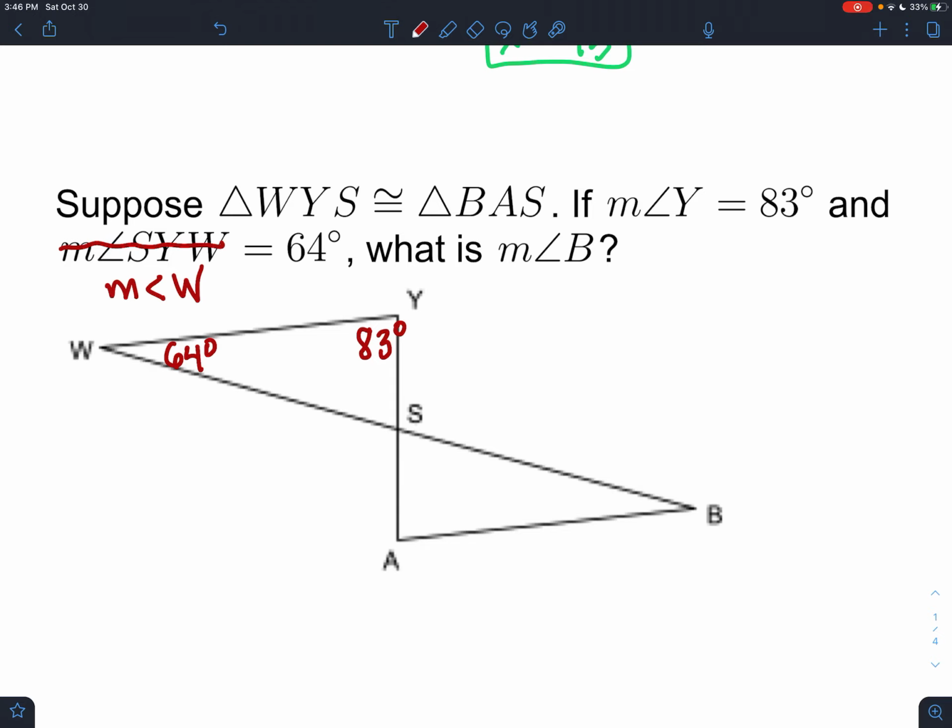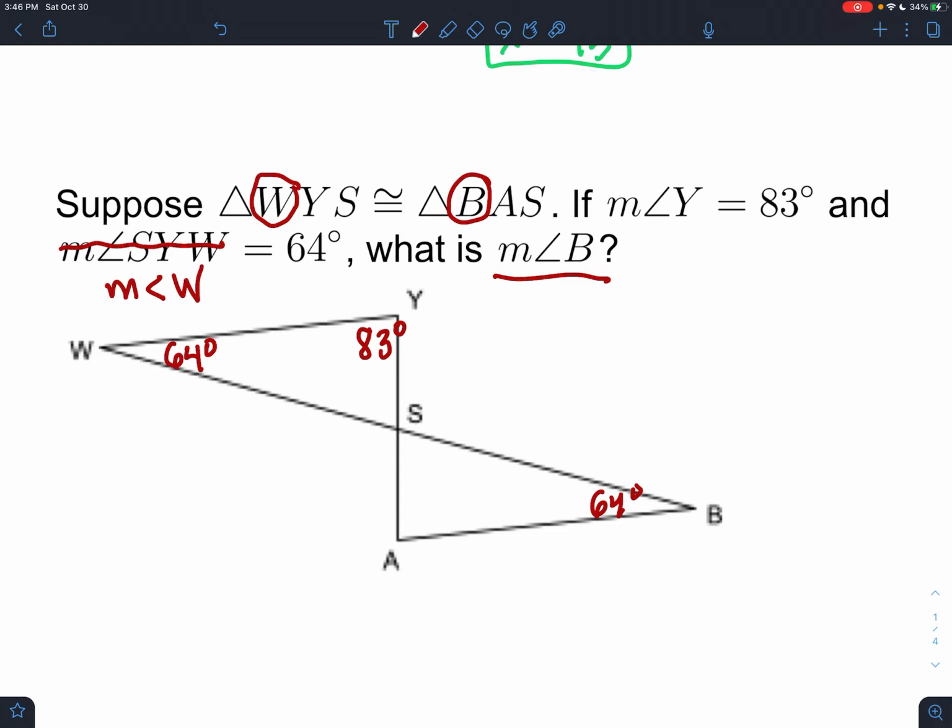Now, these triangles, it's very clear which angles correspond. For example, W corresponds to angle B. So shouldn't this one be 64? And that got us the answer really fast.